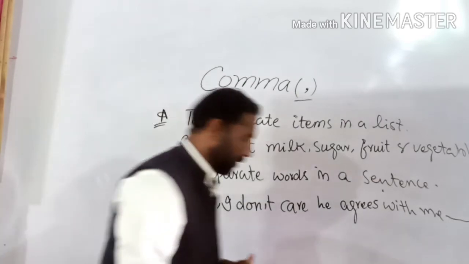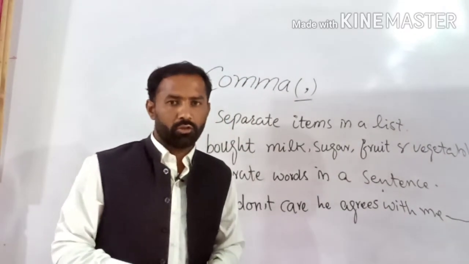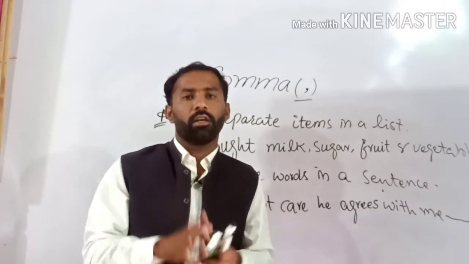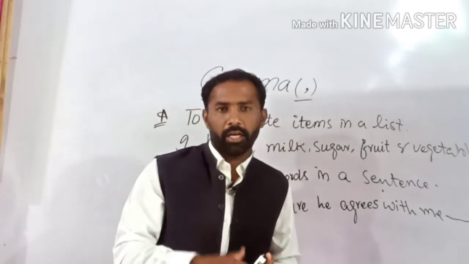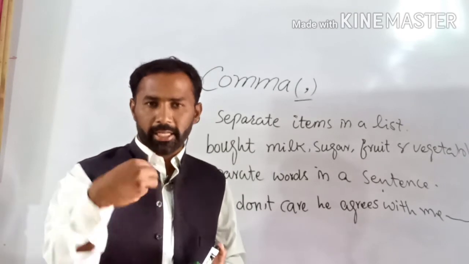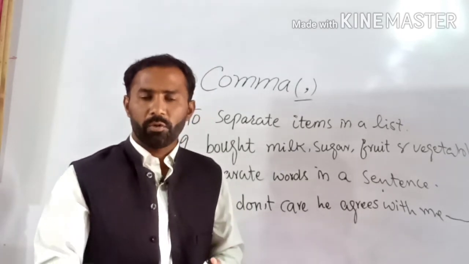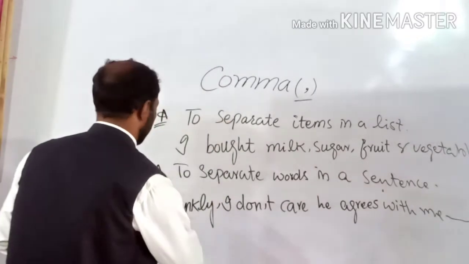And the third use of the comma is to address someone, whenever we call the name of any person. For example, I say that Ahmed, come here and help me. So we would use a comma after Ahmed because we are addressing Ahmed, we are calling Ahmed, we want to talk to Ahmed. So that time we would use a comma.